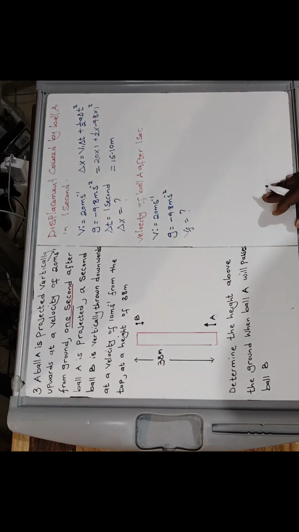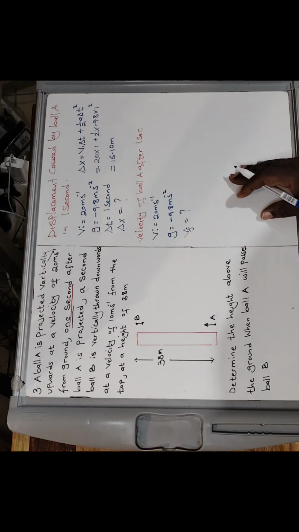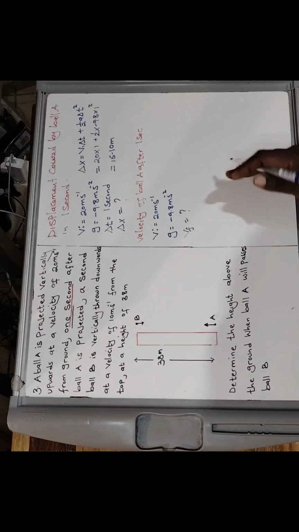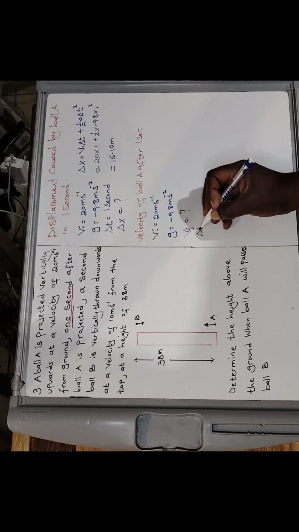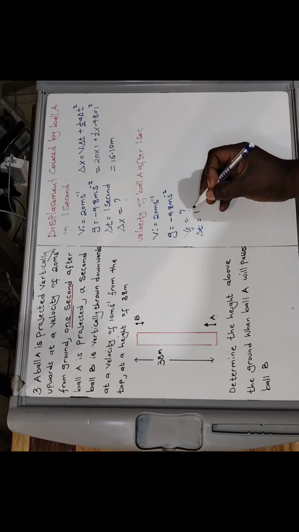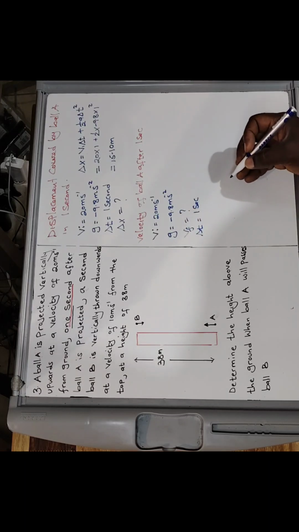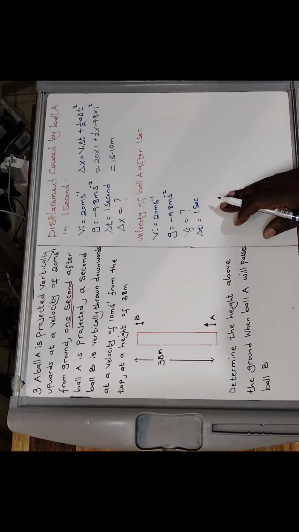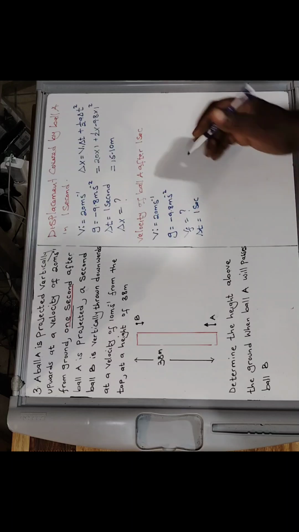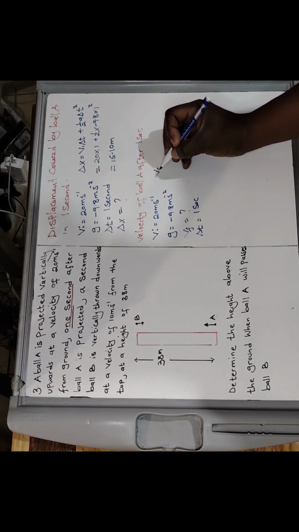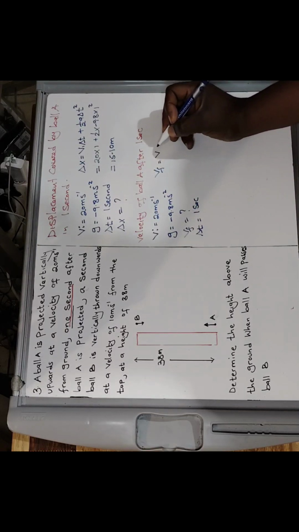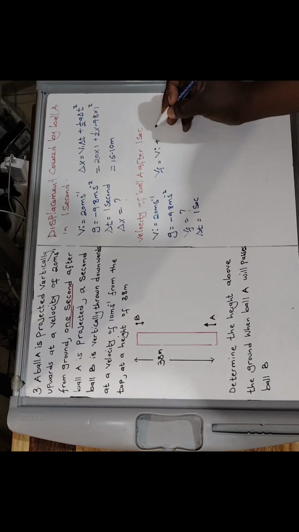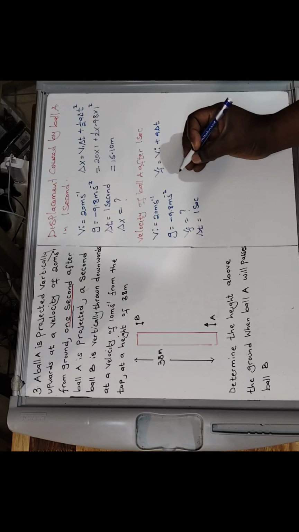What else do I know? I know time, which is 1 second. So when I look at this data, which equation is this one? It is the first equation, which is vf is equal to vi plus a delta t.